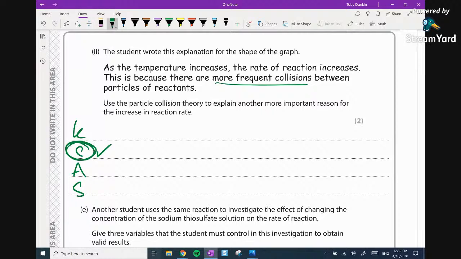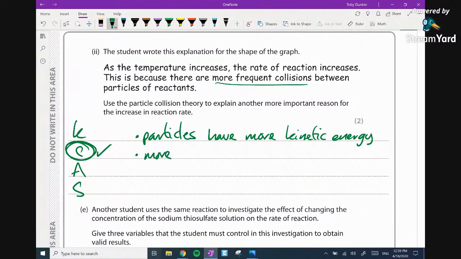So we need to say particles. This is temperature. Particles have more kinetic energy. You don't actually need the word kinetic, just so you know, but it's nice to put it there. It's good chemistry.